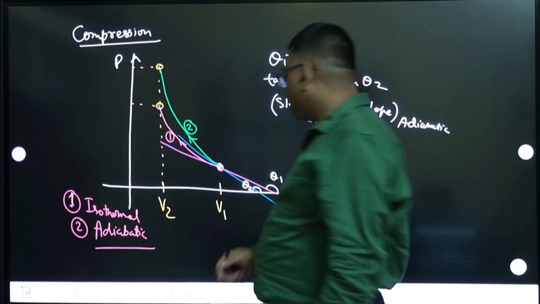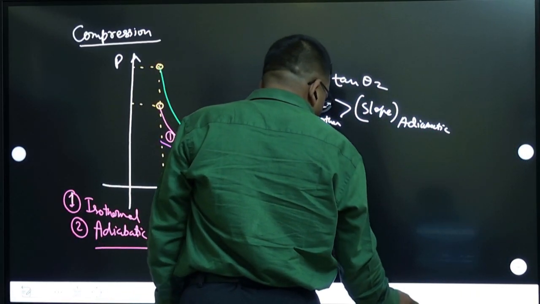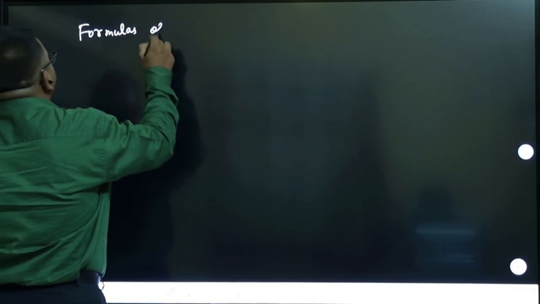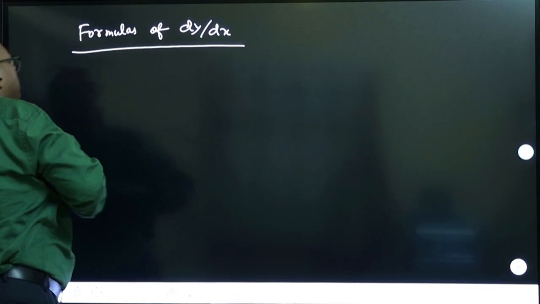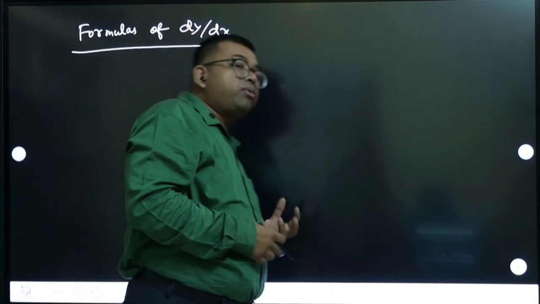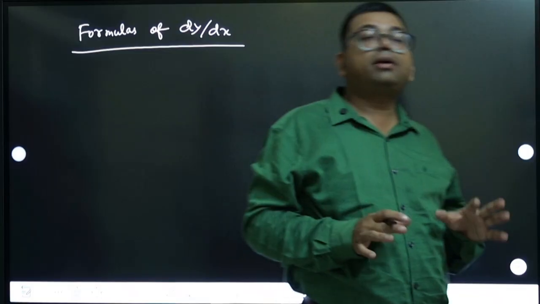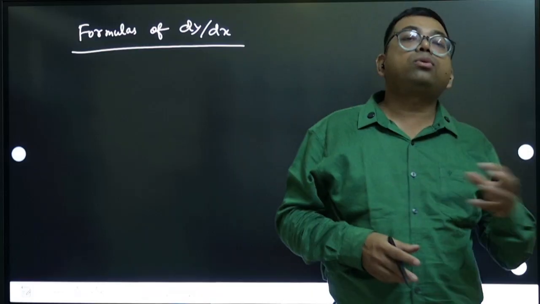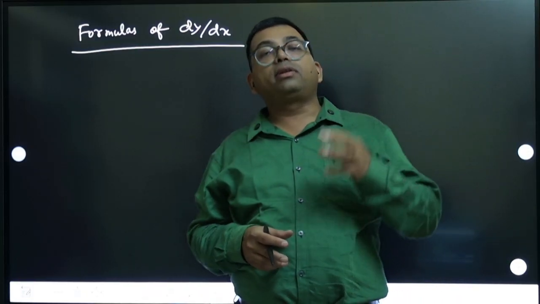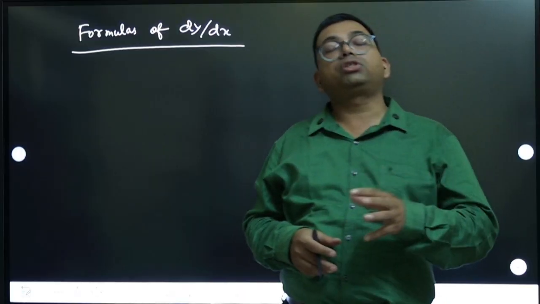Okay, let us go into that. Formulas of dy by dx. How the formula comes, we don't have to look into that, because to derive the formula you need to learn a little more about limits, continuity, differentiability.